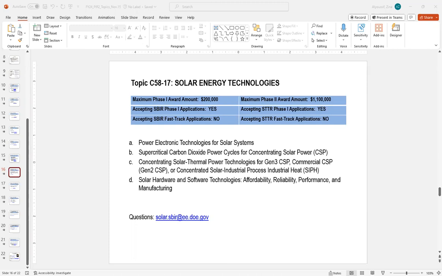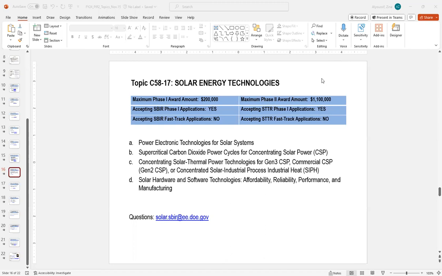We are looking into raising the operating temperatures above 700 degrees Celsius and improving the efficiencies of these systems. And again, the key aspect here is that this topic is looking into components and systems, and of course materials, that can result in low-cost electricity production or in industrial process heat production. So again, low cost is a key aspect of what we will be looking at here.